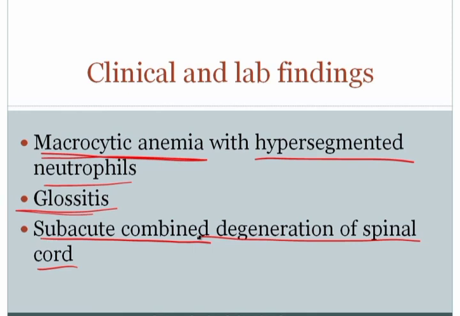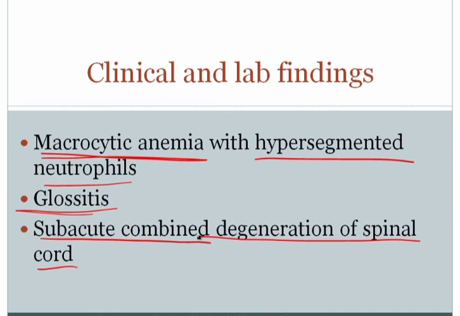If vitamin B12 is lacking, methylmalonic acid cannot be converted to succinyl-CoA, and methylmalonic acid will then subsequently build up, in particular within the myelin of the spinal cord. And as it builds up within the myelin of the spinal cord, it will cause degeneration of certain regions of the spinal cord. And that's called subacute combined degeneration of the spinal cord.